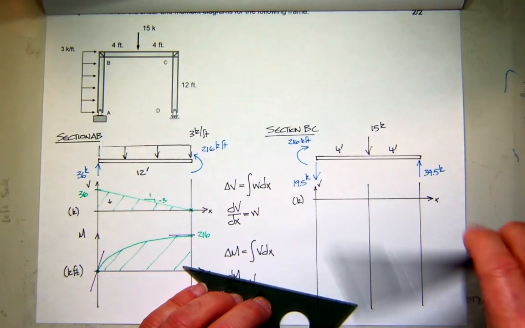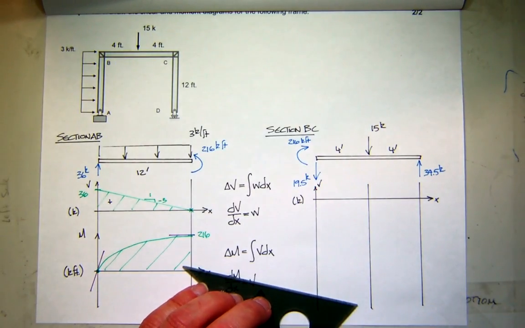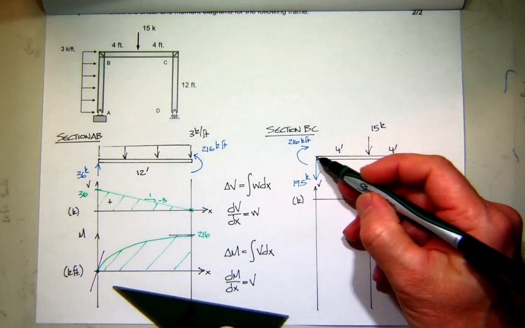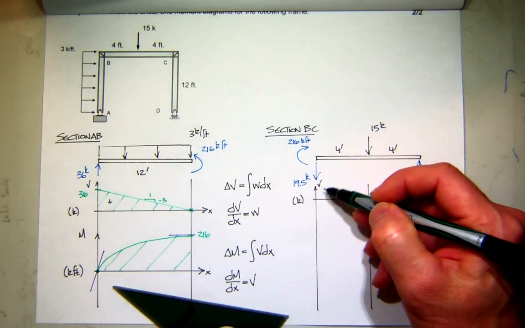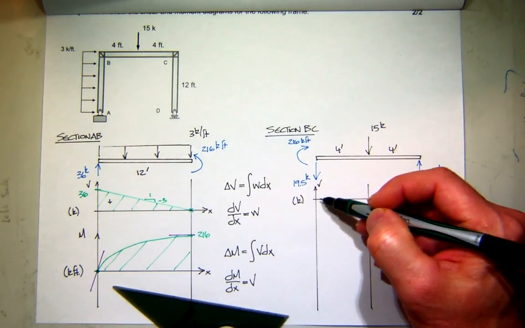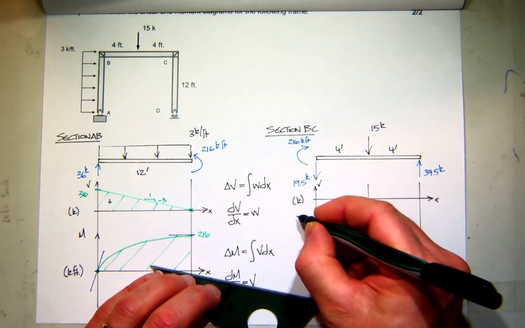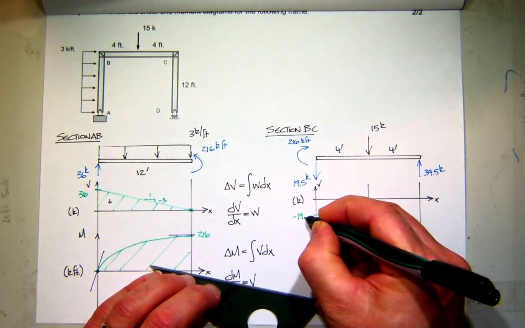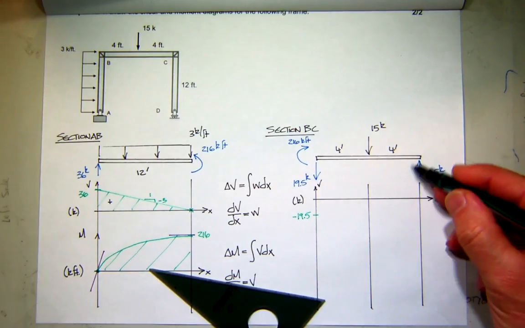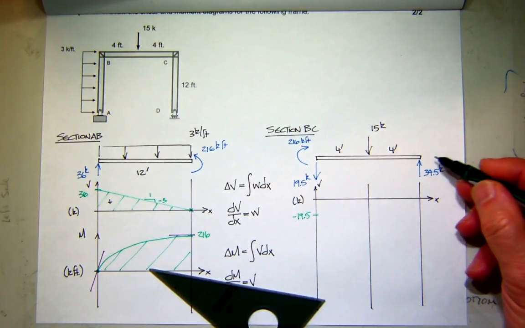Now I intentionally drew this very short because I looked ahead and saw that my starting shear force is positive or negative? It's negative. So I'm going to start off at a negative value of 19.5. And then what's the shear force on the right-hand side? Positive or negative?